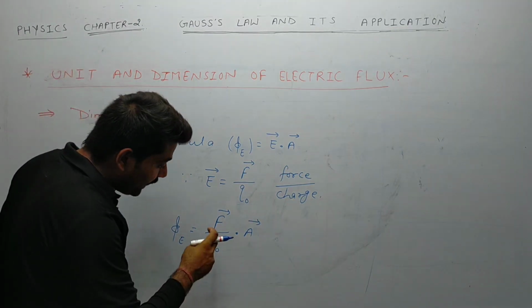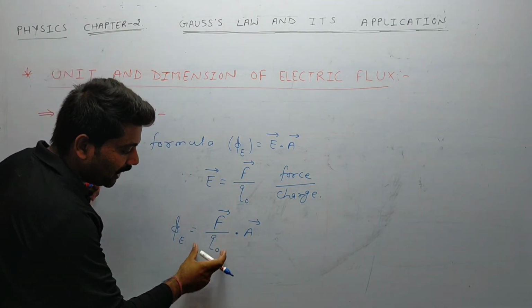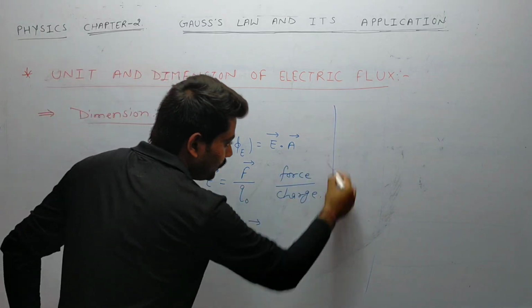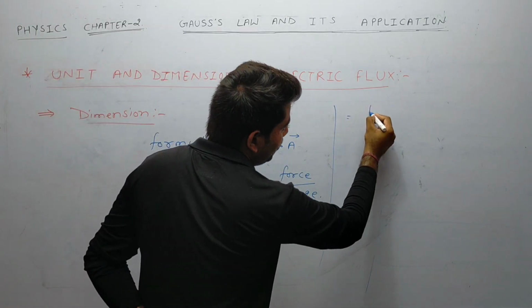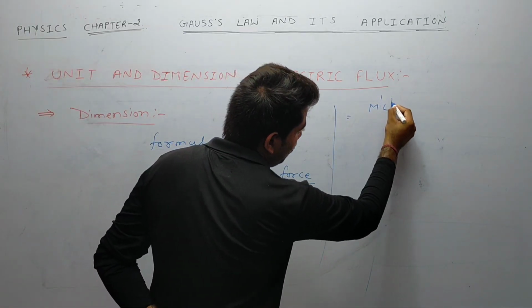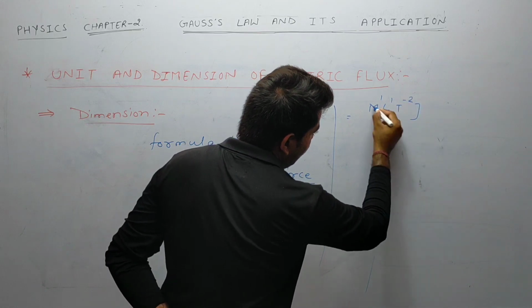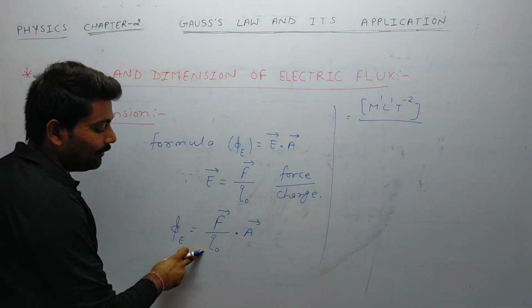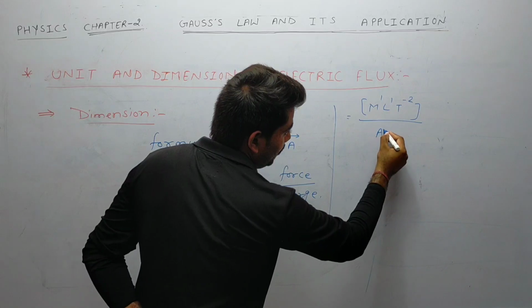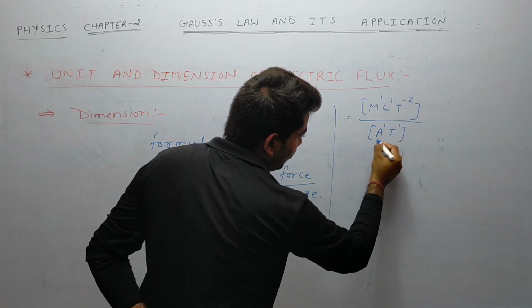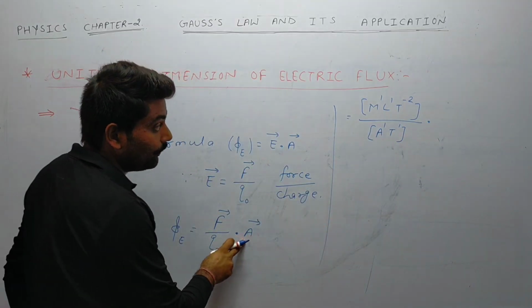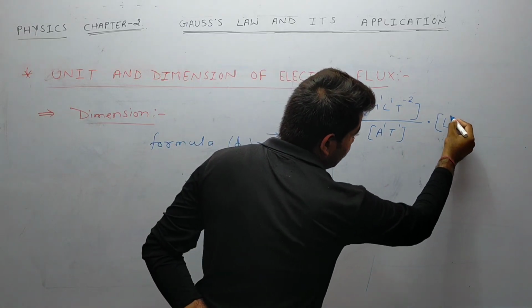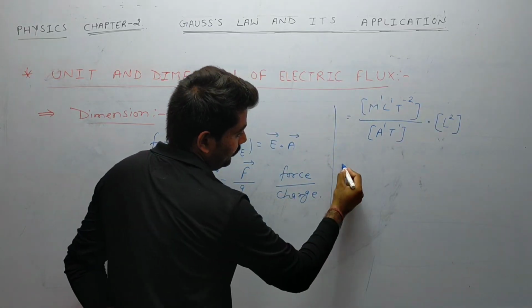Now we will write the dimensions of force, charge and area. The dimension of force is M1 L1 T minus 2, upon the dimension of charge A1 T1, into the dimension of area, length into length, L2.